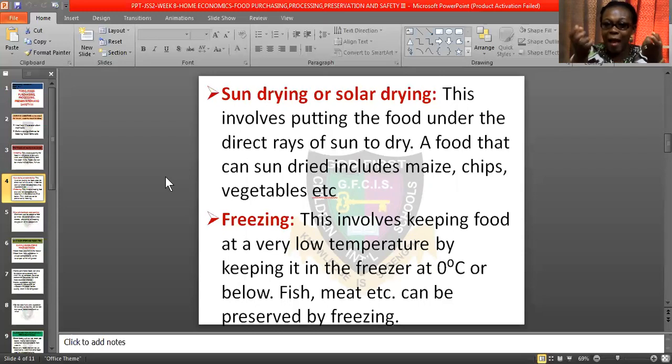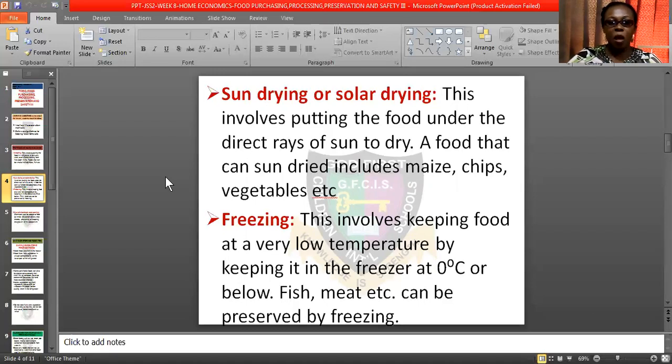Do you understand? Egusi melon, you can sun dry them. So many things you can sun dry. Even your crayfish, if you notice that it's getting moist, then you do what? You put it under the sun to make it dry and look crisp again, isn't it? Yes, all these things you dry under the sun, or solar drying.